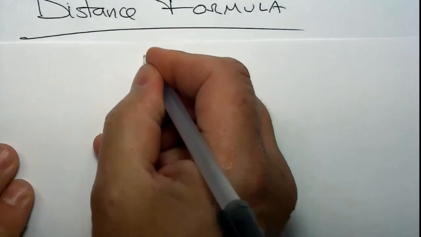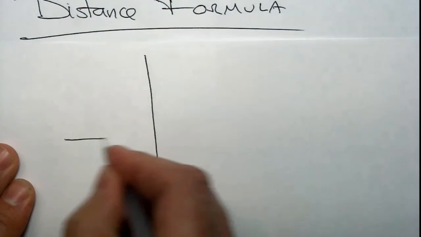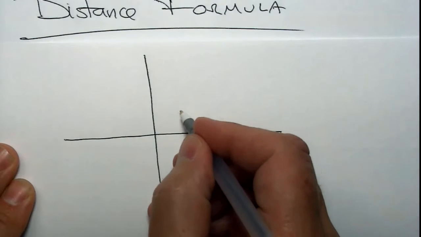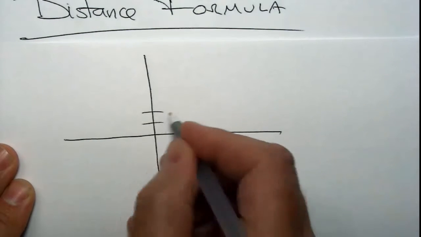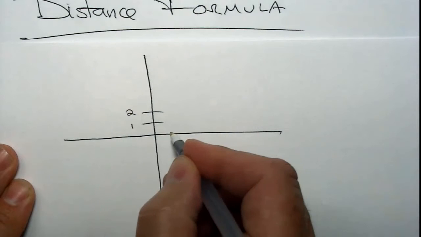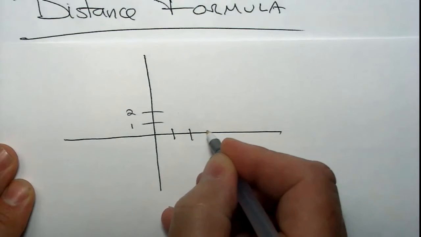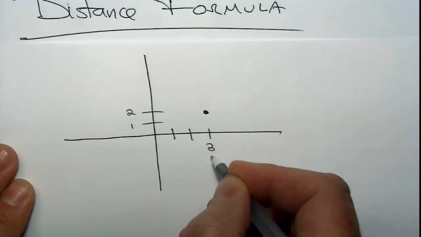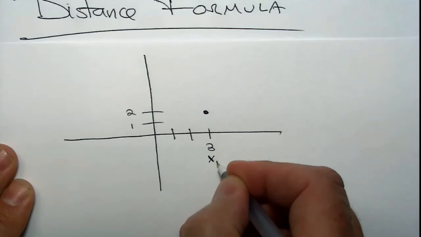So before we develop the distance formula, first, let's just establish the distance between 2 points that happen to be just separated in the horizontal dimension. So I'm going to go here to 1, 2 in my y. I'm going to go to here to maybe 3 in my x and place a point. We'll call this point x1.